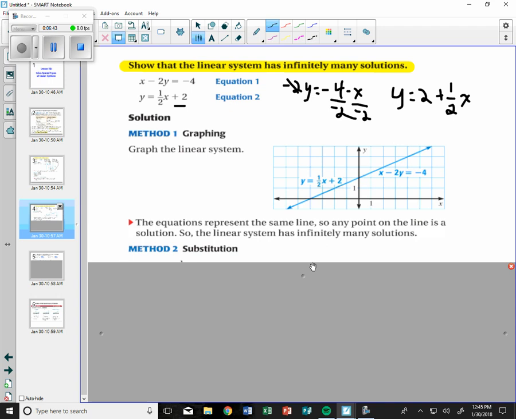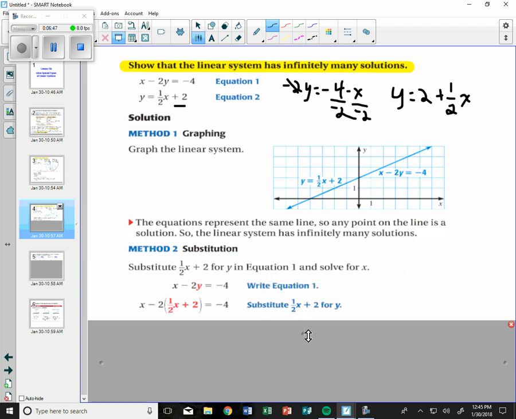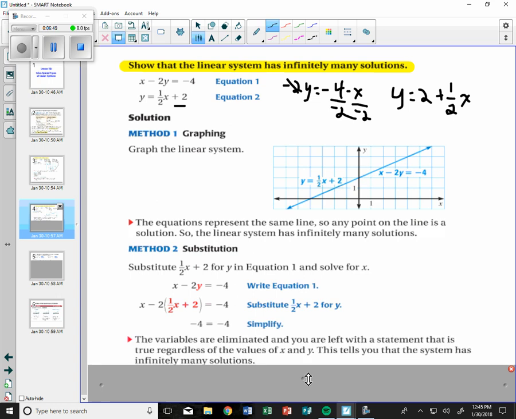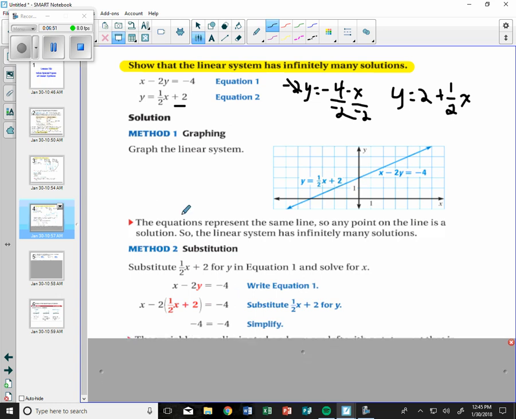A second method, using the substitution method to find out if there's infinitely many solutions, we can just plug the equations into each other. So in this case, y already equals 1 half x plus 2, so I'm going to plug that into my first equation, which they do down here. So I end up with x minus 2 times 1 half x plus 2 equals negative 4.